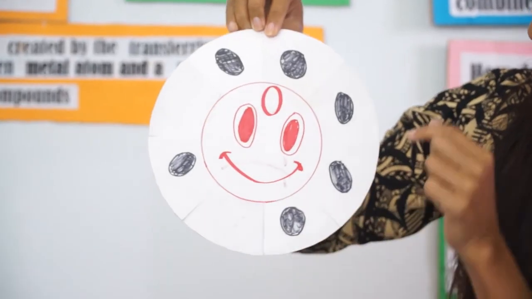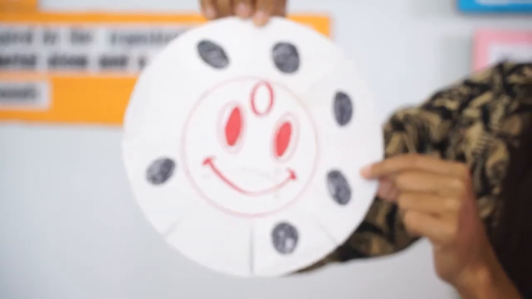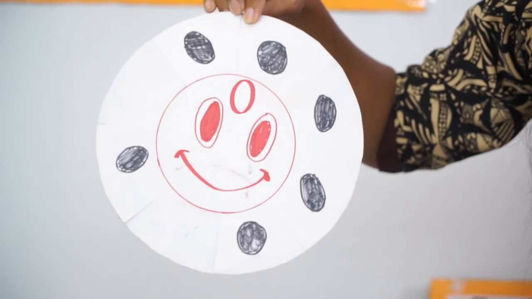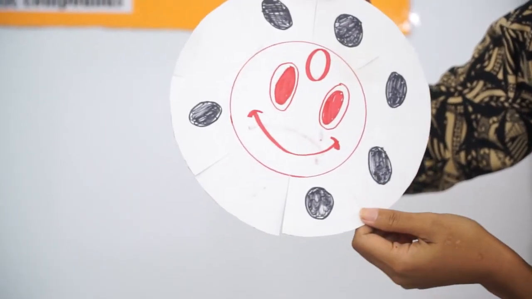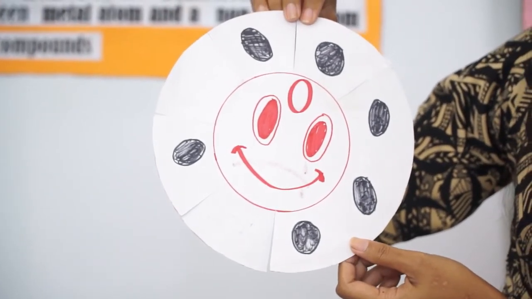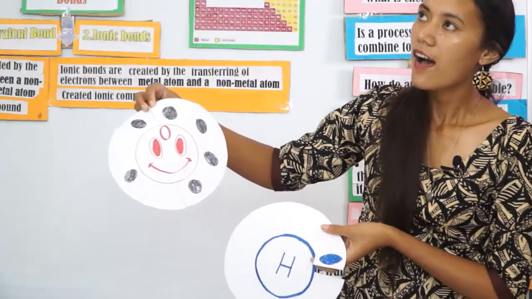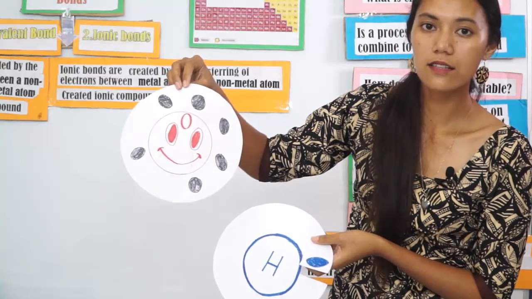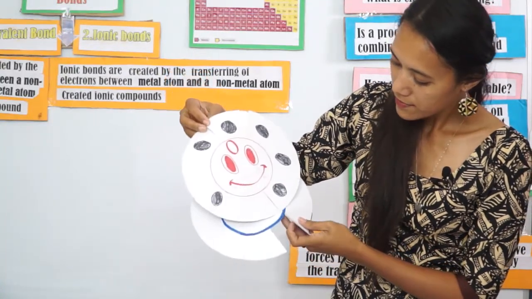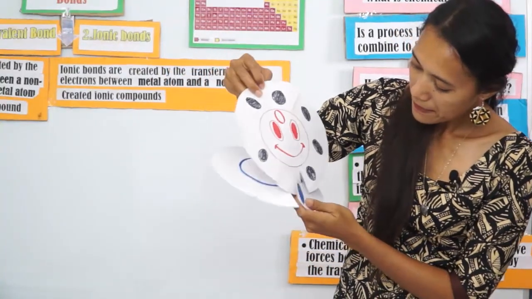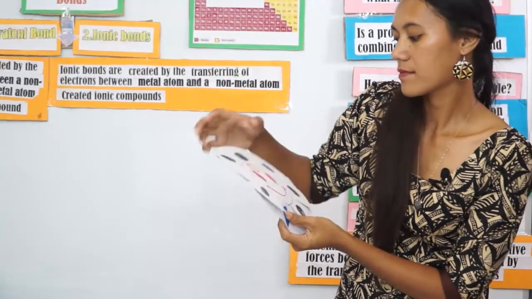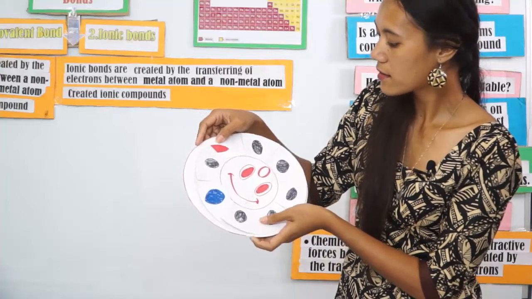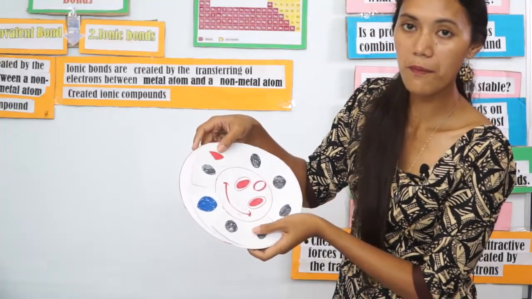Oxygen has 6 valence electrons, so it needs 2 electrons to be stable. Hydrogen has only 1 valence electron. It can bond or share with the oxygen atom and make up 7 electrons for oxygen. Oxygen still looks for another 1 electron to fulfill its outer shell.